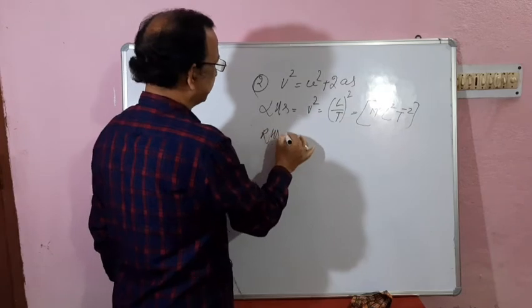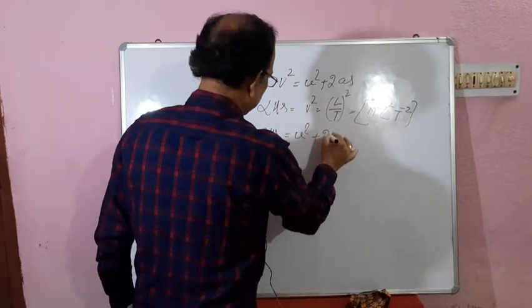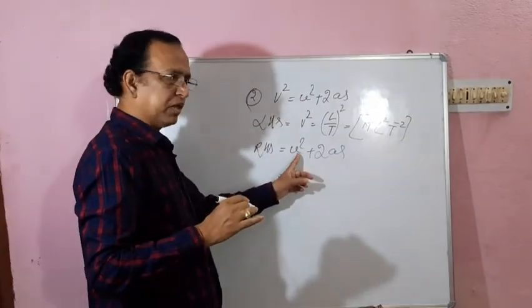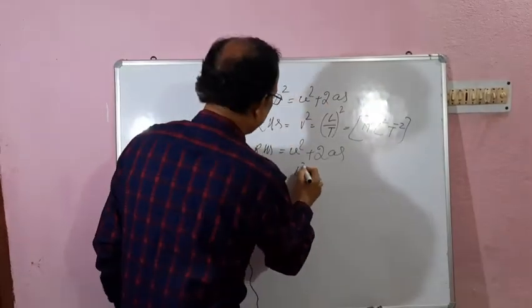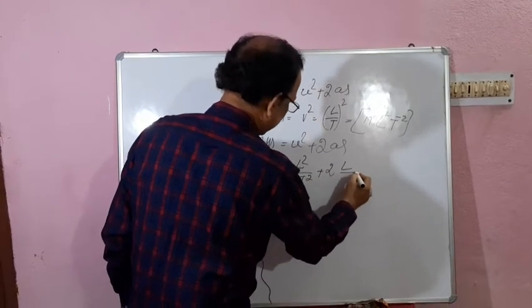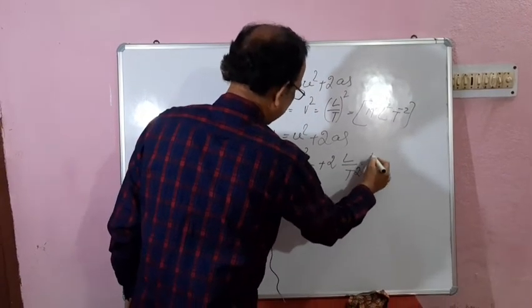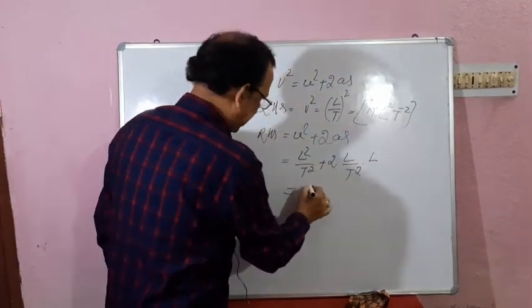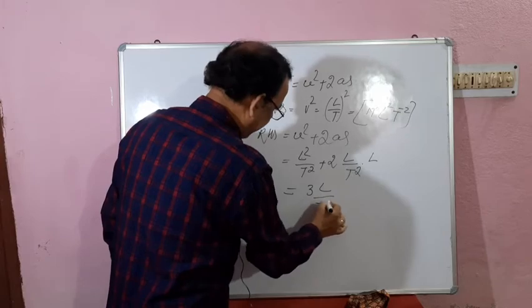RHS: u square plus 2as. U square, velocity square, so L square by T square. 2as: a is L by T square, s is L, that is L square by T square, 2L square by T square, so 3L square by T square.